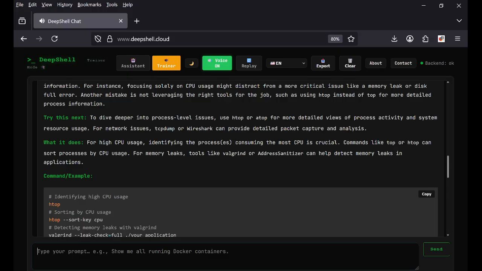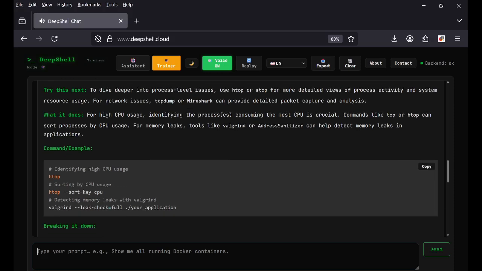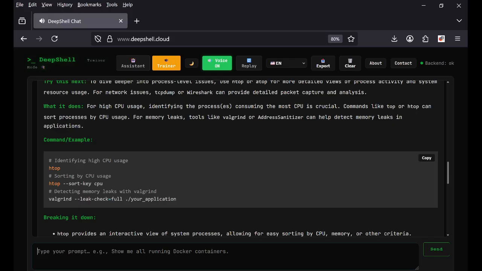For high CPU usage, identifying the processes consuming the most CPU is crucial. Commands like top or htop can sort processes by CPU usage. For memory leaks, tools like Valgrind or AddressSanitizer can help detect memory leaks in applications.